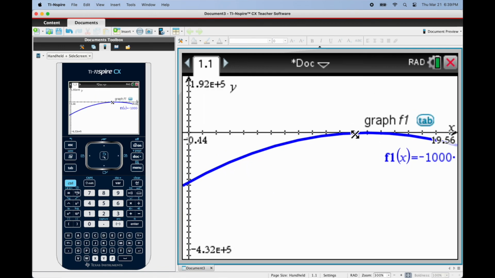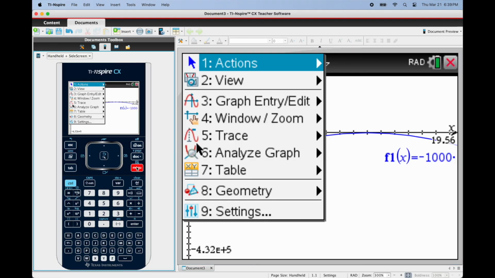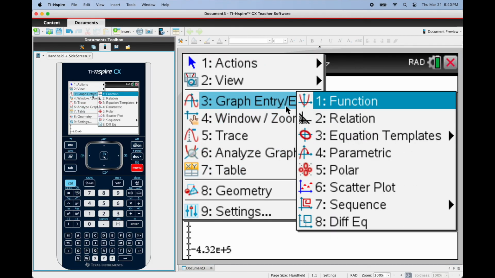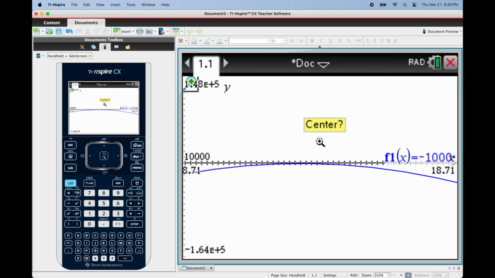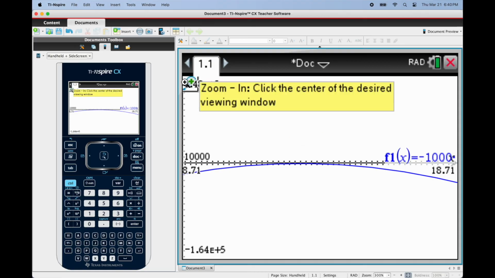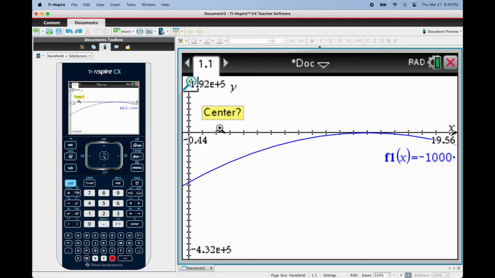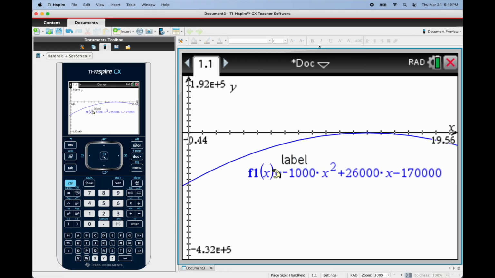And it just looks like potentially, I hope nothing has gone wrong, but let's see. Zoom in. Let's see if I entered this incorrectly. Negative 1,000x squared plus 26,000x minus 170,000.